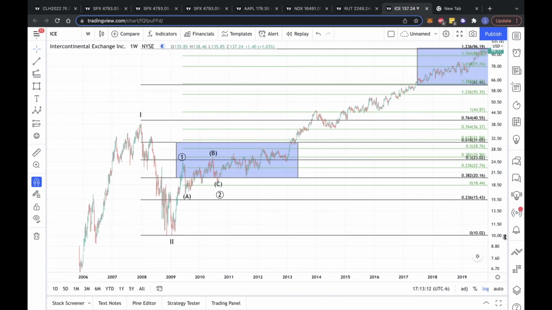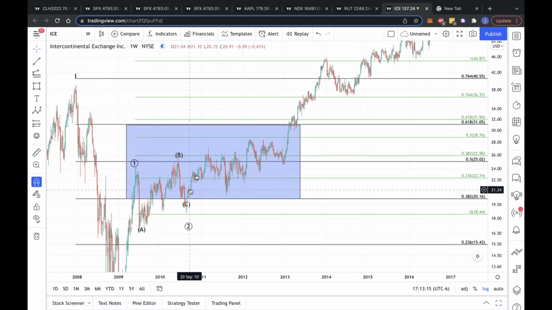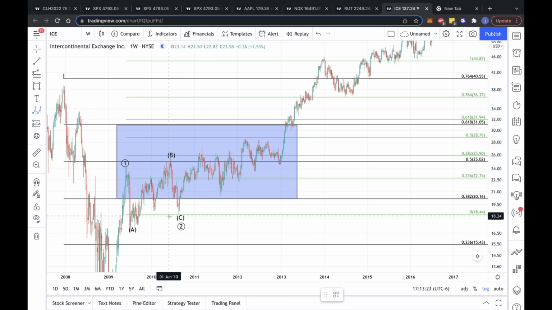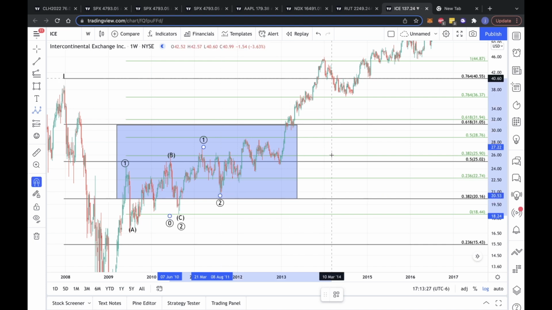And what do we have here in this case? Okay, well, it looks like we have a good 5 up into the 0.382 extension off of this low. Then we have a clearly corrective wave 2 pullback.